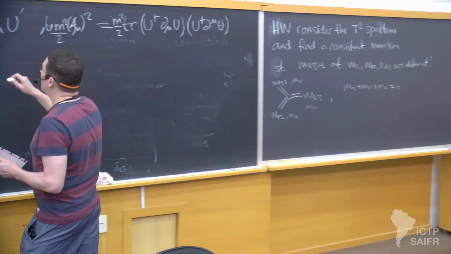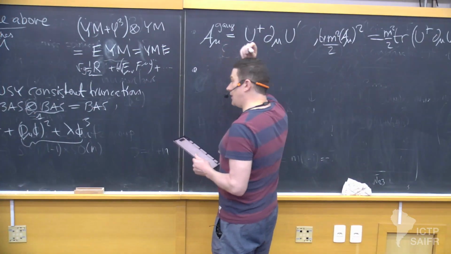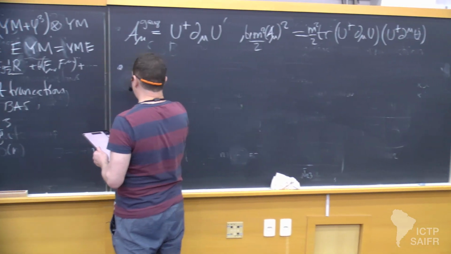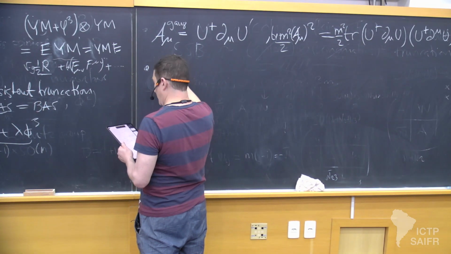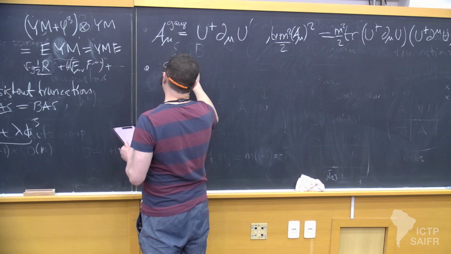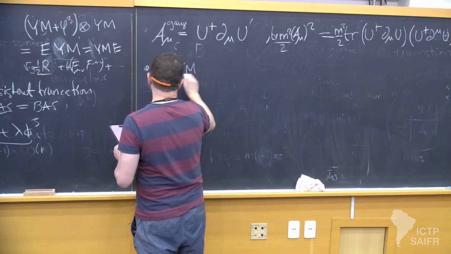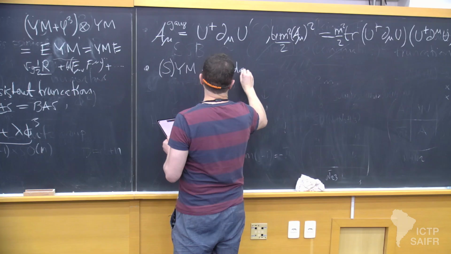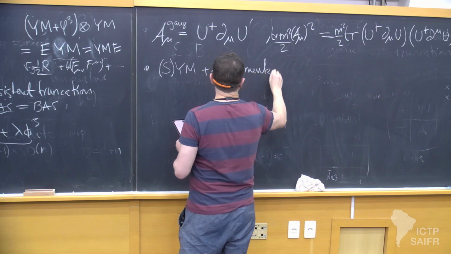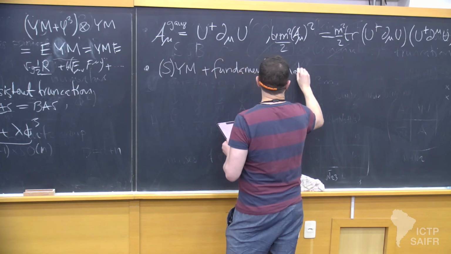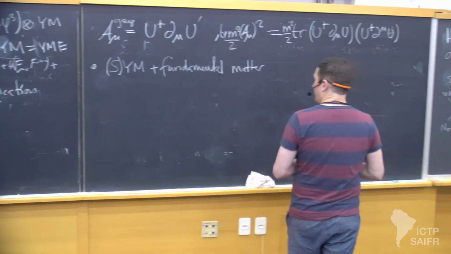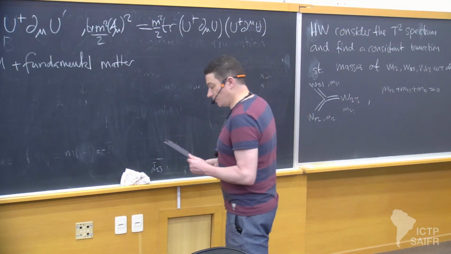Okay, so then the next list here is something we already discussed. Well, we discussed Yang-Mills plus massive matter, so fundamental matter, which we often think of as being quarks, but they could also be scalars.